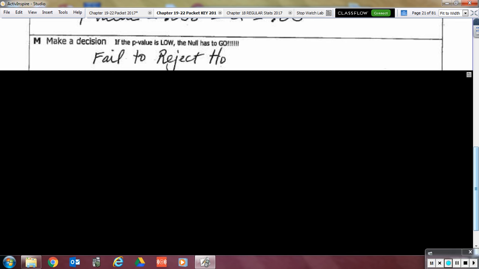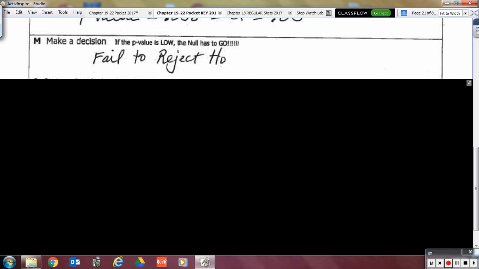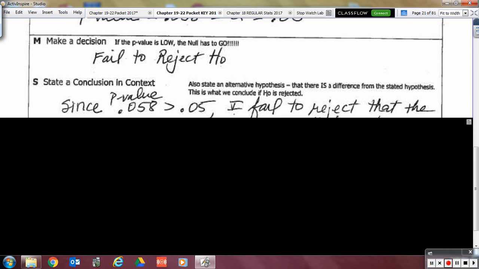Okay, so now let's do our conclusion. State our conclusion, and that starts with an S, and we say first off what? Since the p-value is greater than alpha, and you don't have to put those numbers in there since it's just a line above. Since the p-value is greater than alpha, and then my decision, fail to reject. Now, let me give you a strategy of how to do this. You are failing to reject H0.